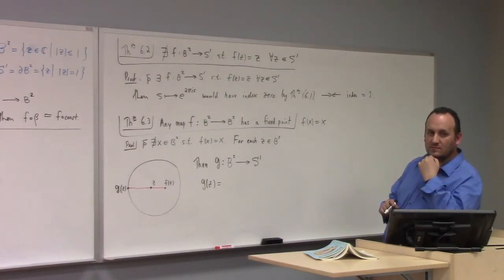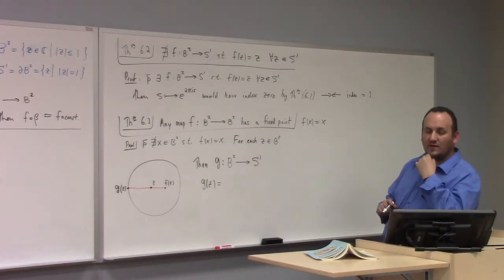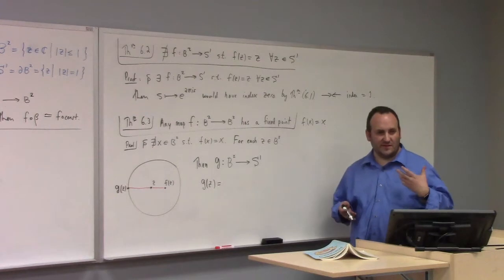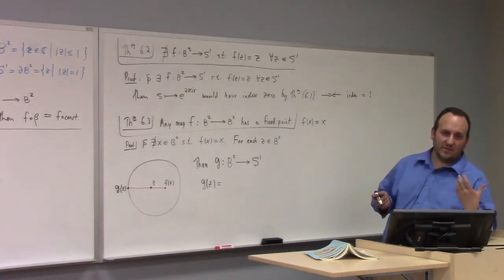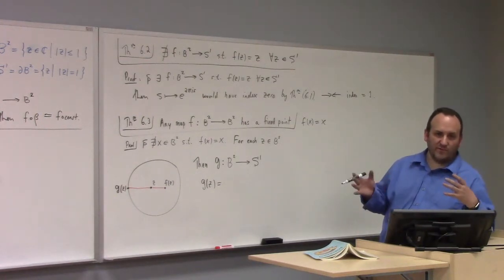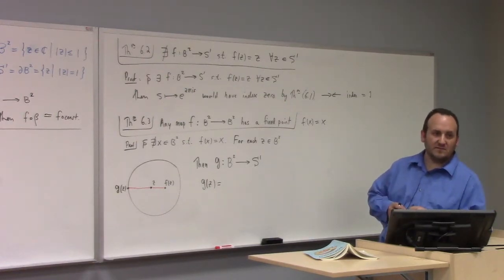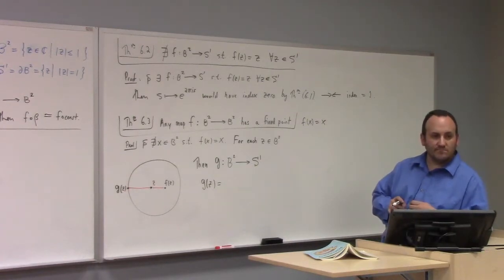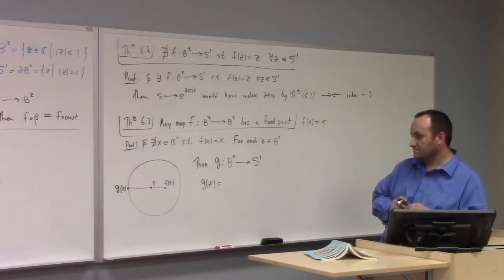Well, I think once we find the formula for G of Z, it will be nothing more than the sum, quotient, product of continuous functions, and therefore will be continuous. Maybe you have to write Z into X and Y.